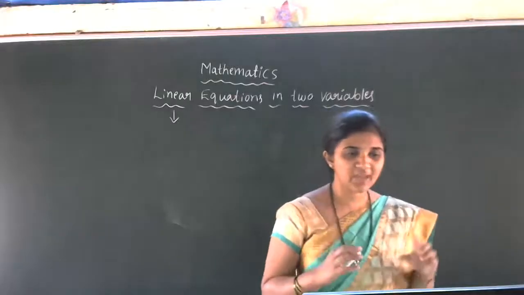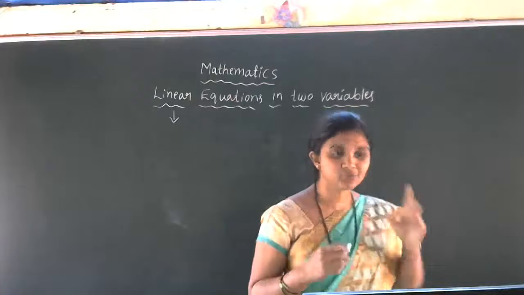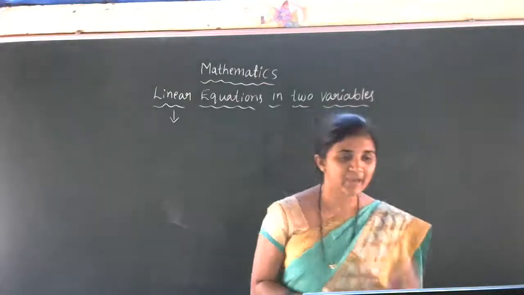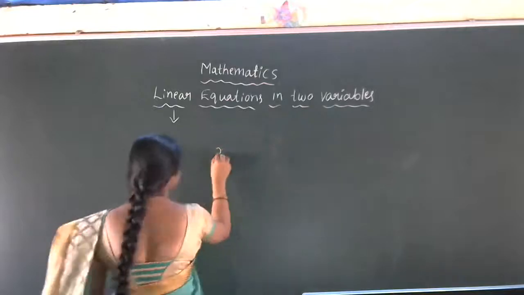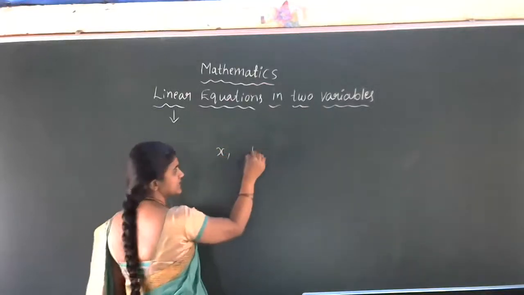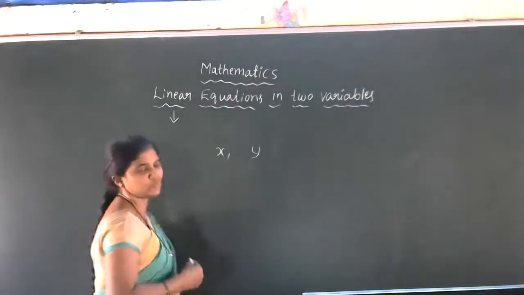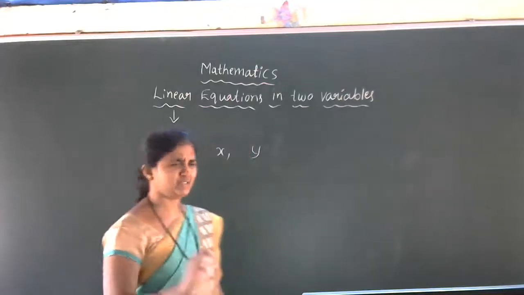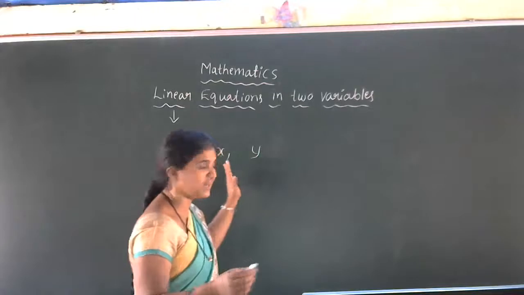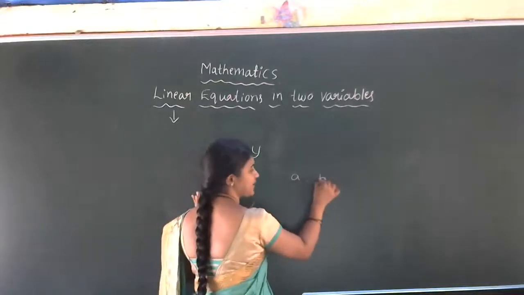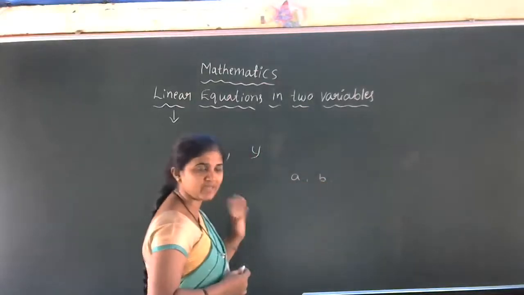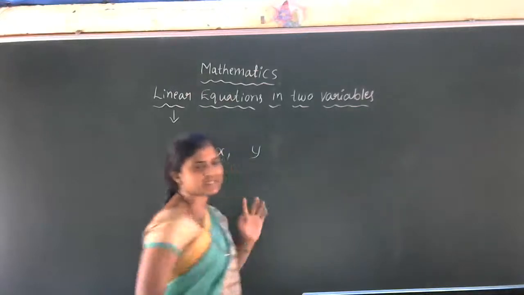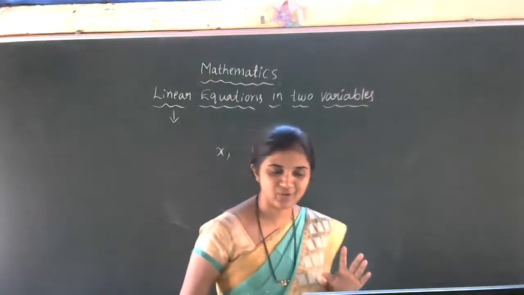So two variables. In the beginning examples, you observed x is the variable. Now we have to take one more variable. Usually, one variable is x, and another variable we will choose as y. Okay, x and y are variables. Here don't take a, b for the variable place, because here we are using the general form ax + by + c = 0.